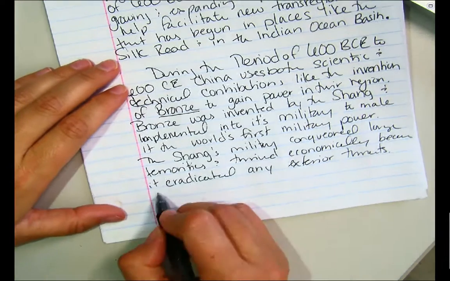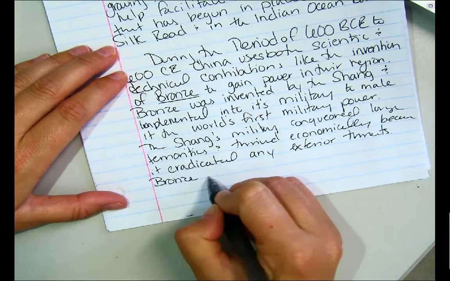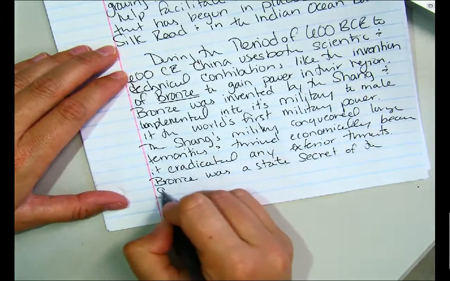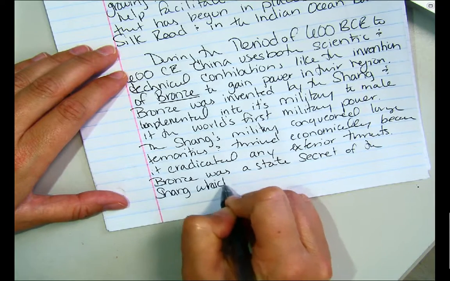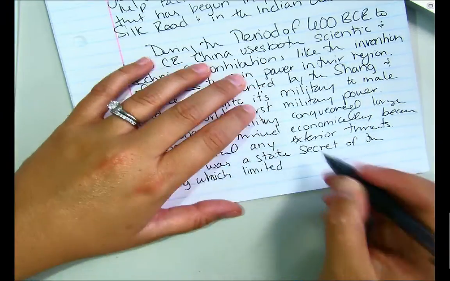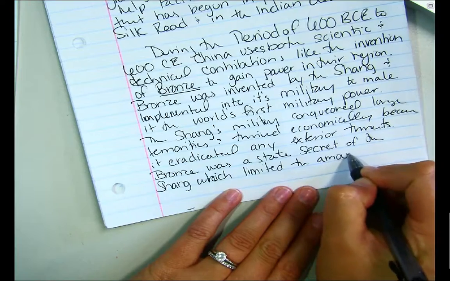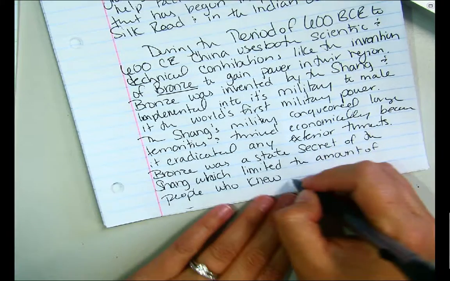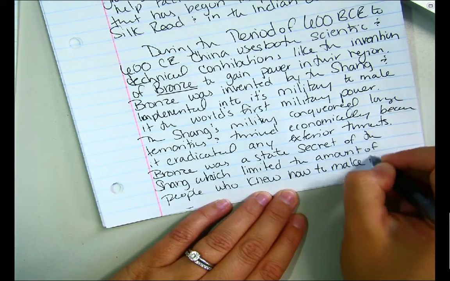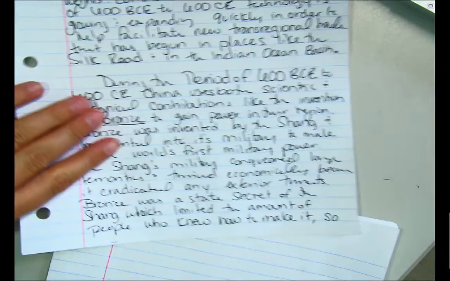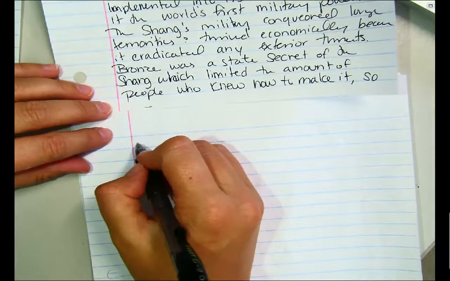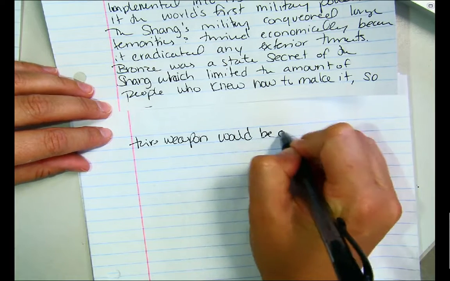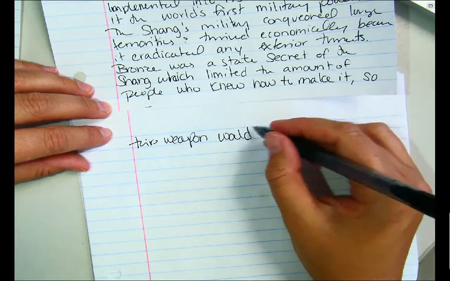Okay, so bronze was a state secret of the Shang, which limited the amount of people who knew how to make it, so their weapon would be only used by them.